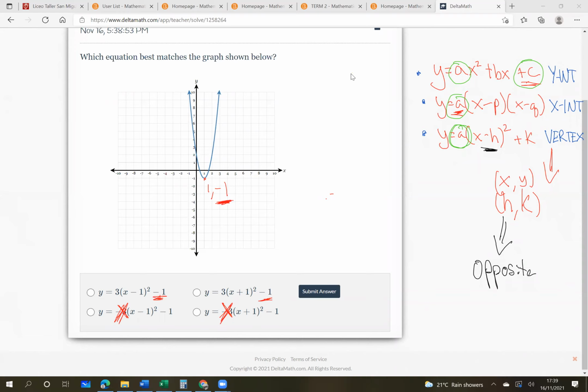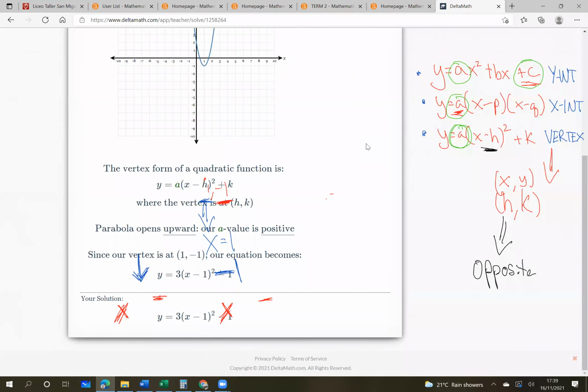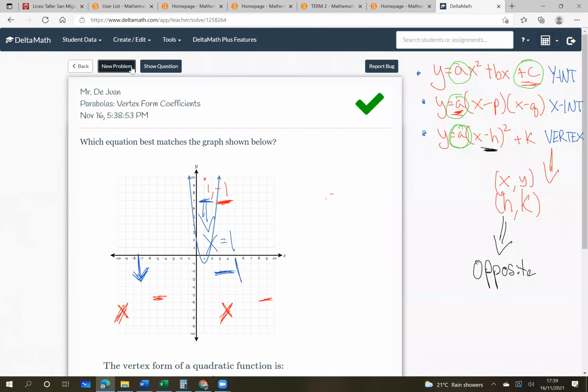But observing my x coordinate, if it's 1, in the equation it has to be -1, the opposite. And I see that right here in the first term. Boom, check.